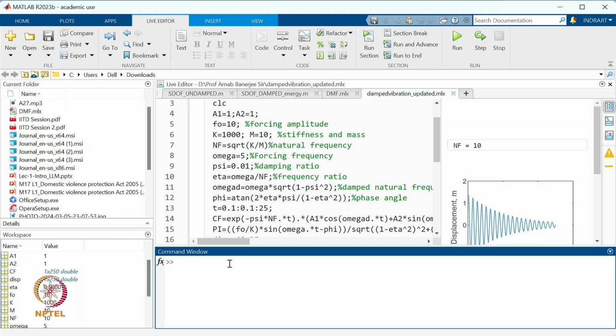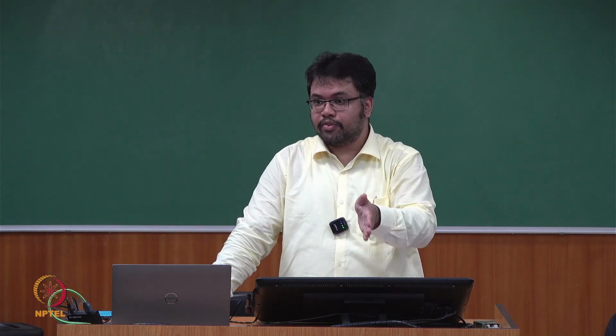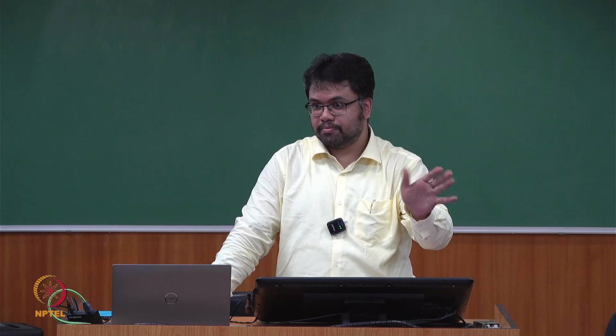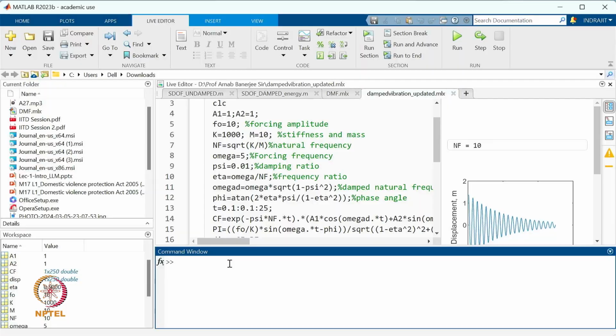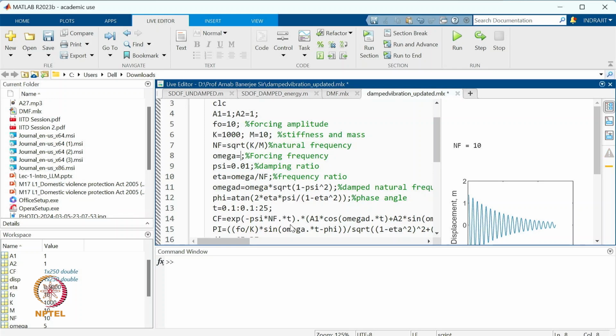That means the structure is where? Before the resonance, almost half. Okay, good. So maybe we can try two or three things. First, maybe we can change the forcing frequency to something very low, maybe 1, so it is a very early stage. Primarily the graph looks like, wait a minute, maybe I will increase the time also, to 100.